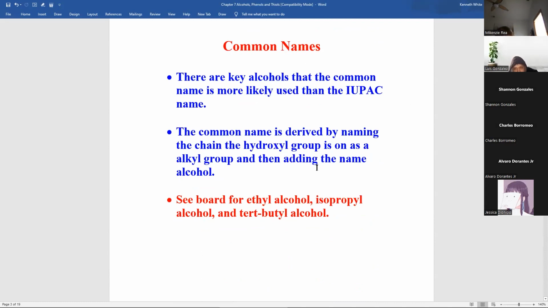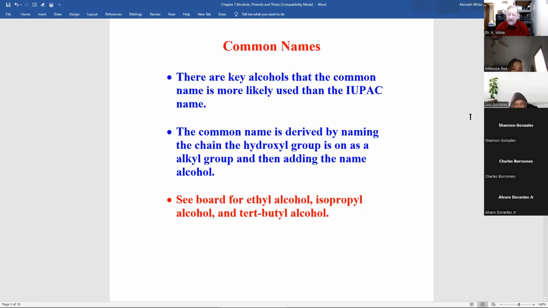We're getting into some very key functional groups in the next couple of chapters that have not only IUPAC names, but common names. And common names are still being used in products you buy. You pick up a jar or a bottle or whatever, and you look at the ingredients, you will see a lot of times the common name, not the IUPAC name.